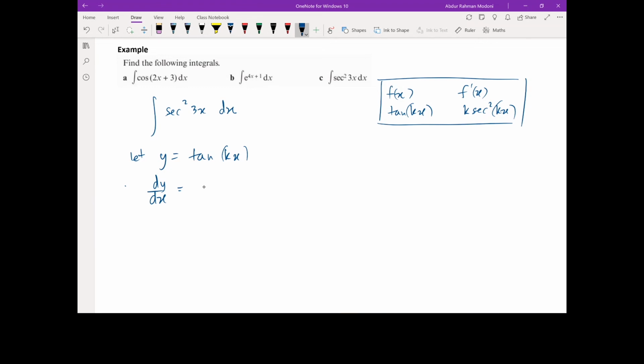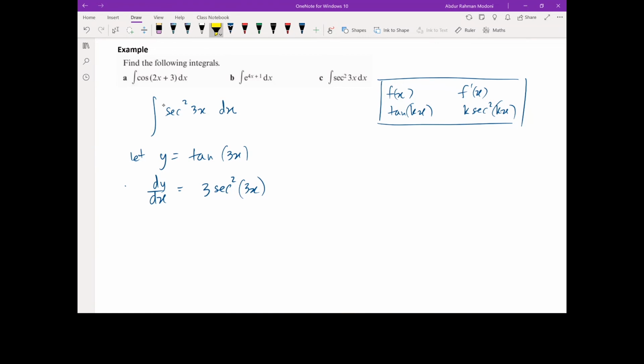That gives us k sec squared kx. We're not using kx, we're using 3x here, so I'll replace that with 3x, and then k becomes 3. So differentiation of tan 3x gets me 3 sec squared 3x.